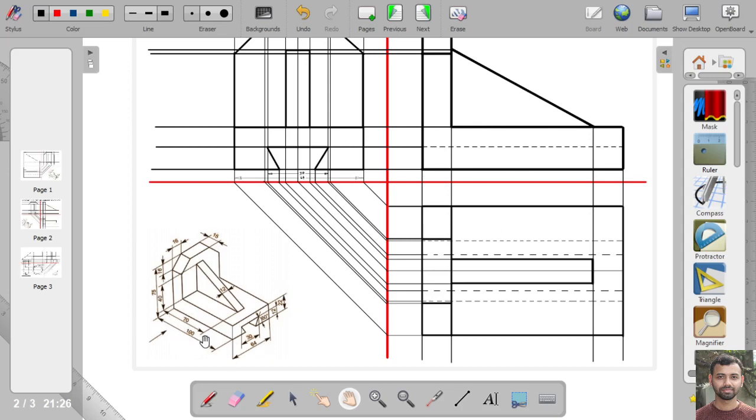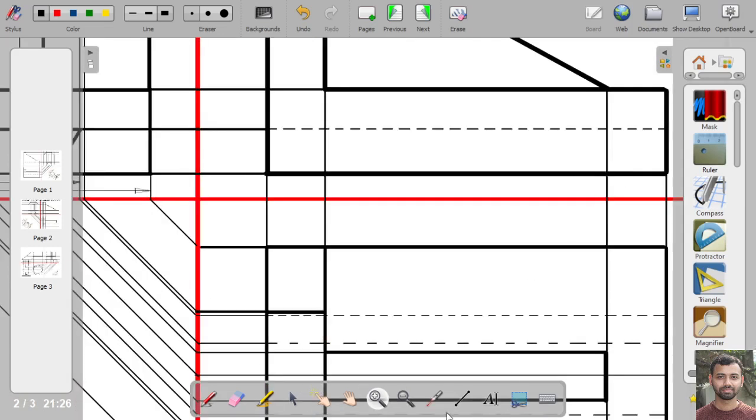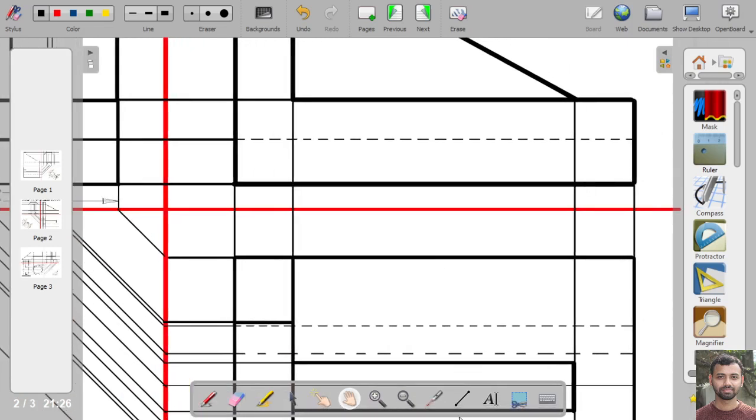Okay, so from this point to this point, it is 100 mm, and from this point to this point, it will be 70 mm.